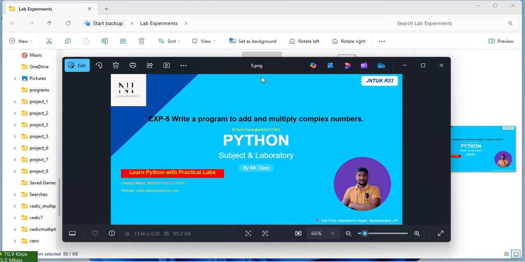Addition and multiplication of integer values is very easy compared to complex numbers. Addition and multiplication of floating numbers is also very easy compared to complex numbers. Before implementing the program, what is a complex number?